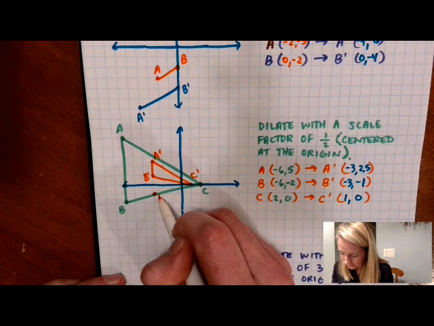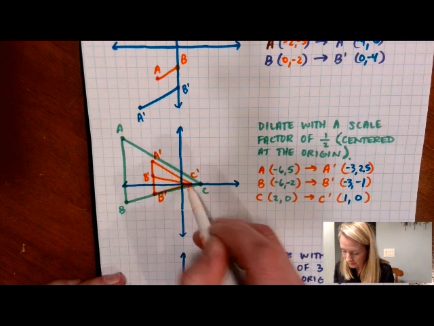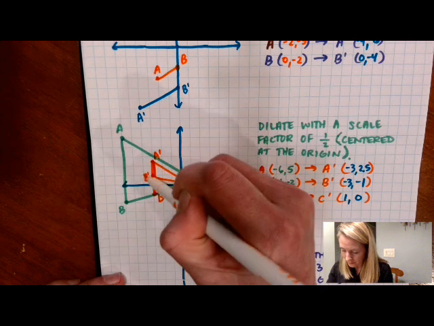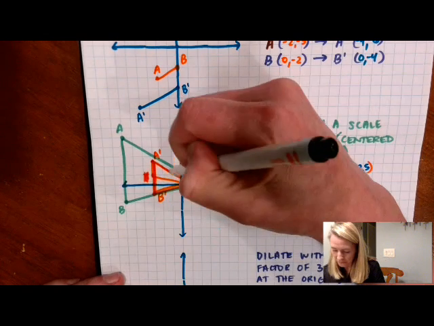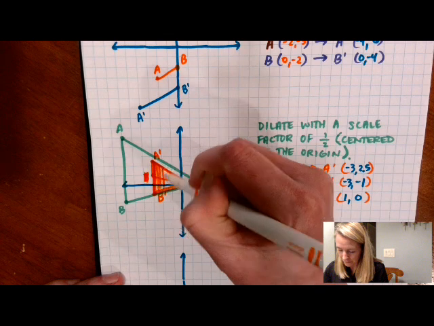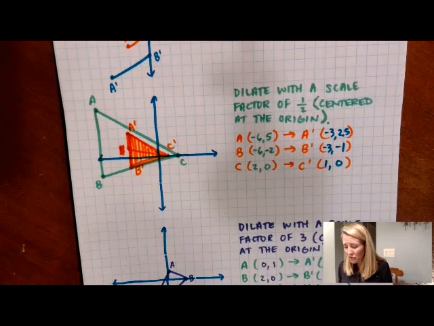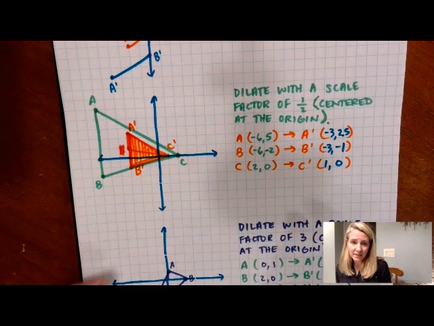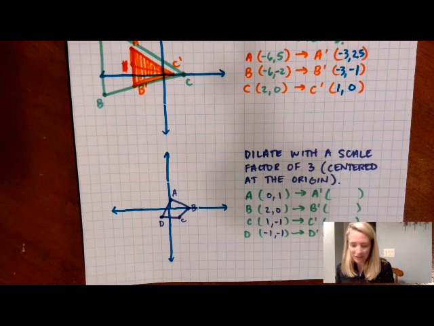I did (-3, +1). And there, that looks much better. I'll go ahead and fill that in. Always check to see if the shape makes sense, because everybody makes mistakes, myself included for sure every once in a while here too.